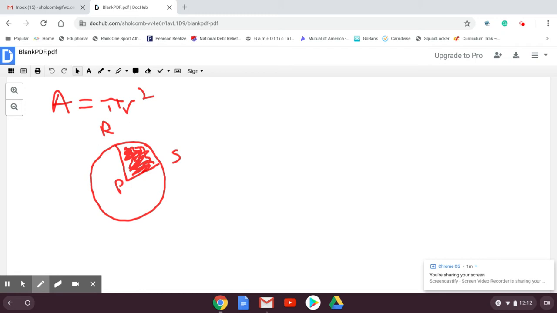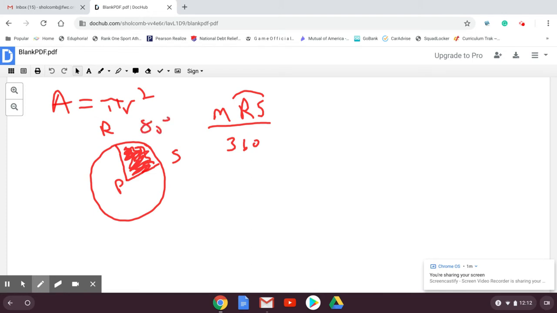All right, so here's how you do it. Basically, if you look at theorem 10-12, it's saying that the measure of the arc RS divided by 360. Why divided by 360? Well, it's because that arc is a section of a 360-degree circle, and it gives us a ratio. Then we can multiply the entire area of the circle by that. So let's say that this measure of RS was 80 degrees.